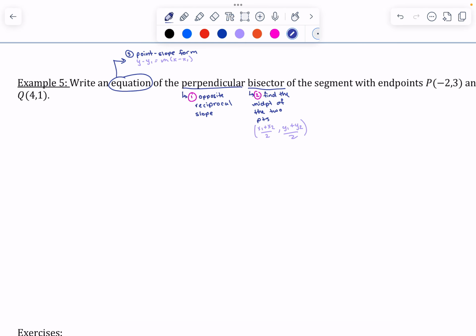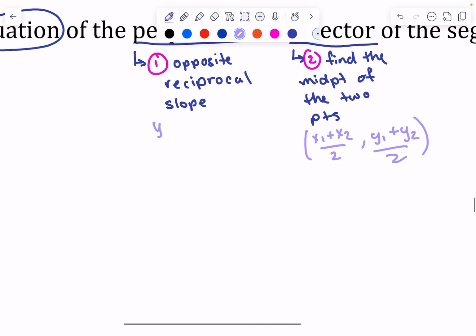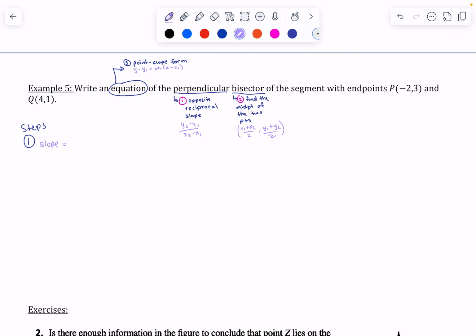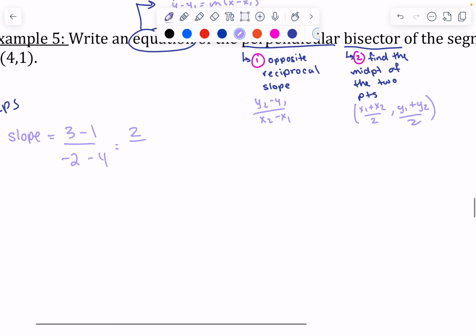Step 1 is to find the opposite reciprocal slope, which means I need to find the slope of these 2 points. The formula is y2 minus y1 over x2 minus x1. So that's going to be 3 minus 1 over -2 minus 4. That would give us 2 over -6, or -1/3.